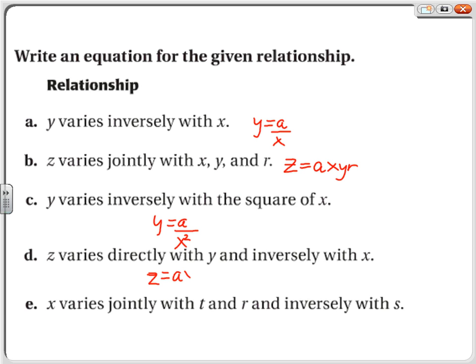Directly with y, whoa, hold on, but now it's inversely with x. So I multiplied by the y, but I have to divide by the x. And E, x varies jointly with t and r, and inversely with s.